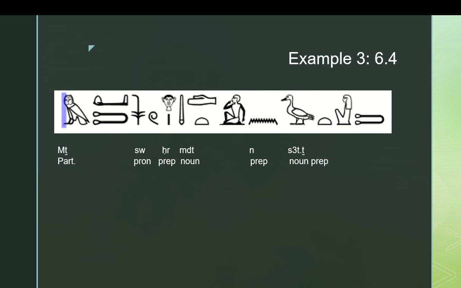So, mech is look, but you're saying it to a woman instead of a man, to whom you would say mek. Su, he, her, medet. Remember, her means upon, but when dealing with an infinitive, you have to change it to, in English you would use is or am or whatever, a form of to be, because it changes it into the progressive form, the present perfect.